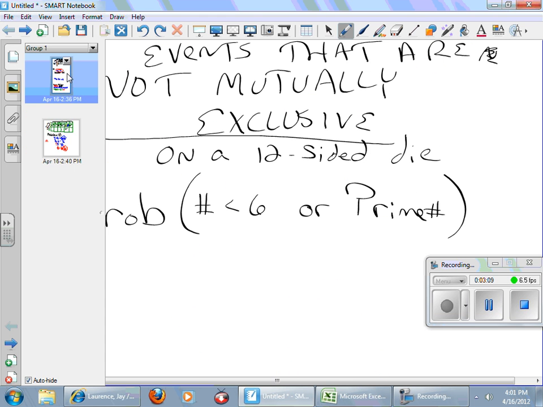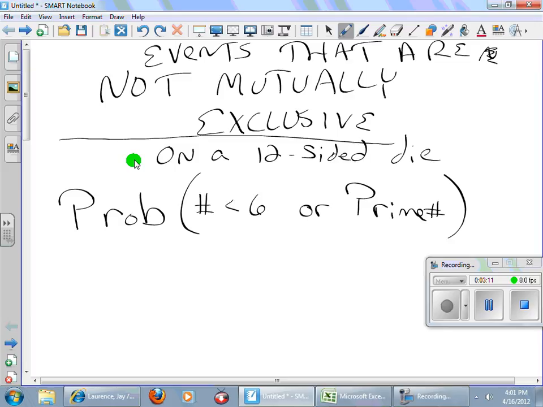Let's go up to here, and we are going to try to figure out the probability of a number less than 6 or a prime number rolling a 12-sided die 1 time. Well, let me list the numbers less than 6 on a 12-sided die. I could get a 1, a 2, a 3, a 4, a 5, right? A prime number on a 12-sided die, well, that could be a 2, a 3, a 5, a 7, or an 11.